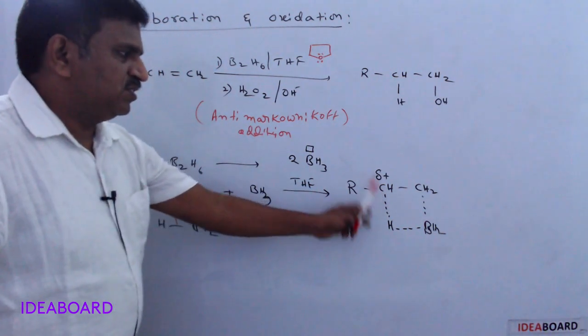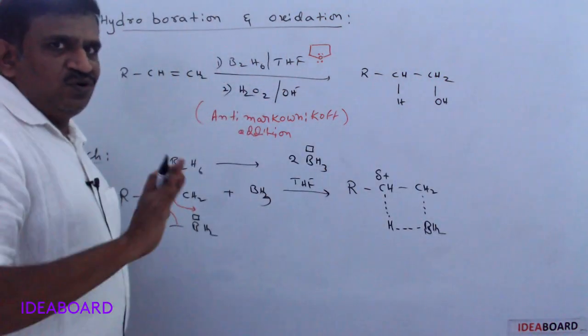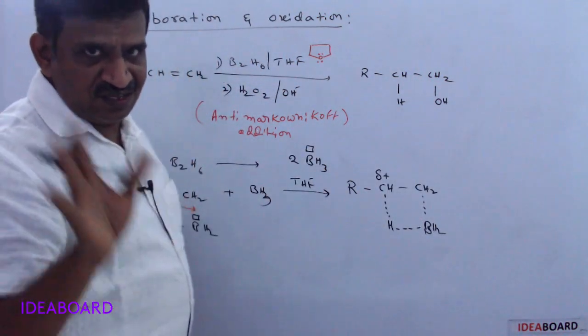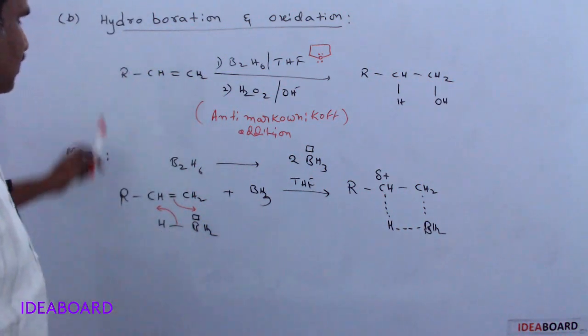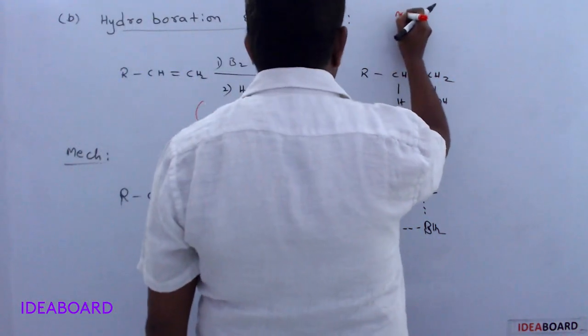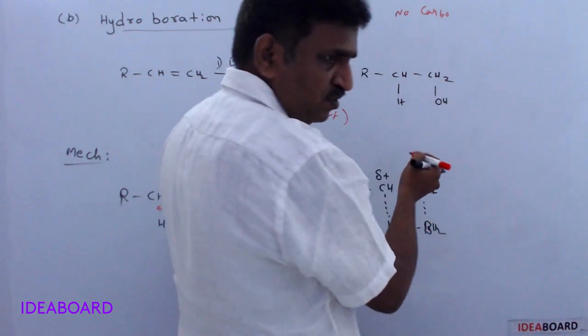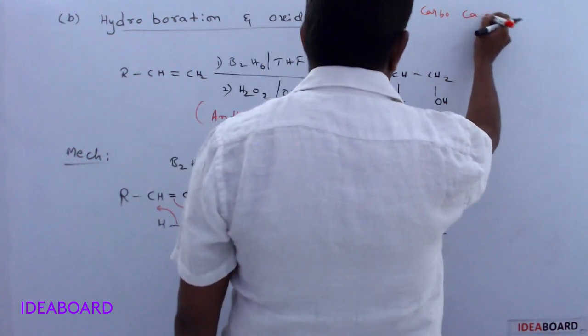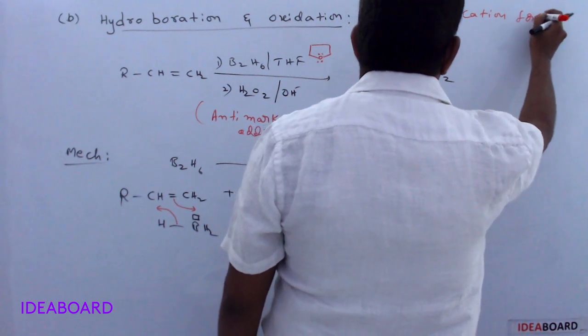This type of cyclic intermediate is formed, and no carbocation formation occurs. Please remember this very important thing in the hydroboration oxidation process: no carbocation formation.